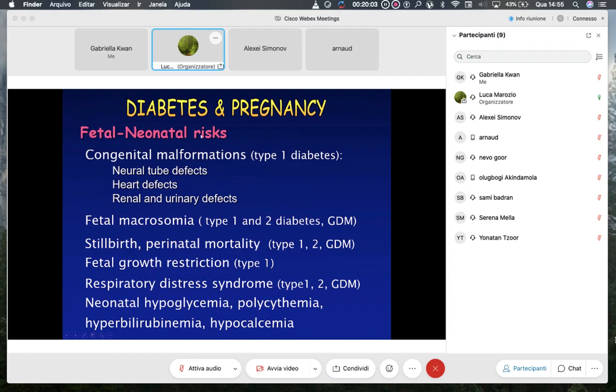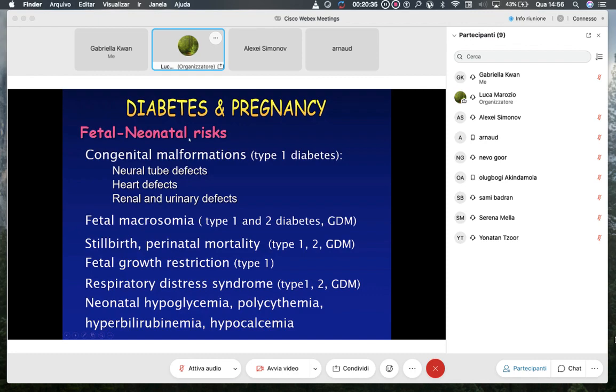Which are the fetal and neonatal risks of diabetes in pregnancy? As I said before, for gestational diabetes, problems for the mothers are not so great. Main problems are for the fetus and the newborn. But any type of diabetes has its own complications during pregnancy and its own risks.